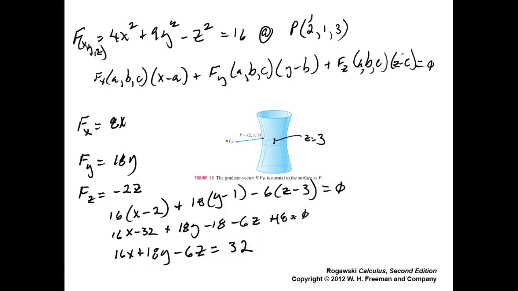So there is your tangent plane: 16x plus 18y minus 6z is equal to 32. That is the tangent plane at that point, right there.